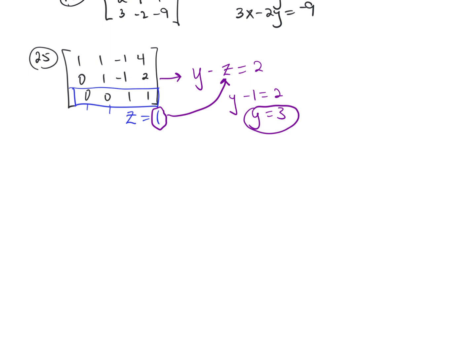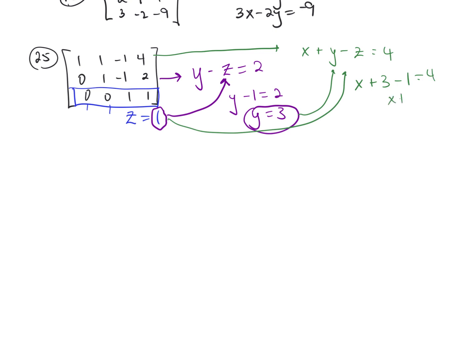Now the very first row, the last row that we're going to deal with, represents x plus y minus z equals 4. So with our information, we can say x plus 3 minus 1 equals 4, x plus 2 equals 4, x equals 2. So we have 2, 3, and 1 is our solution for 25.